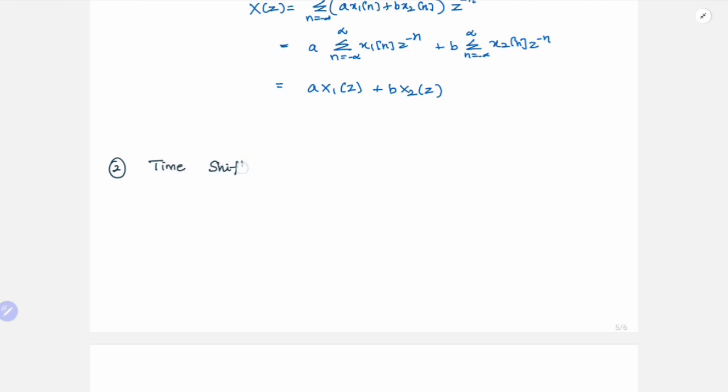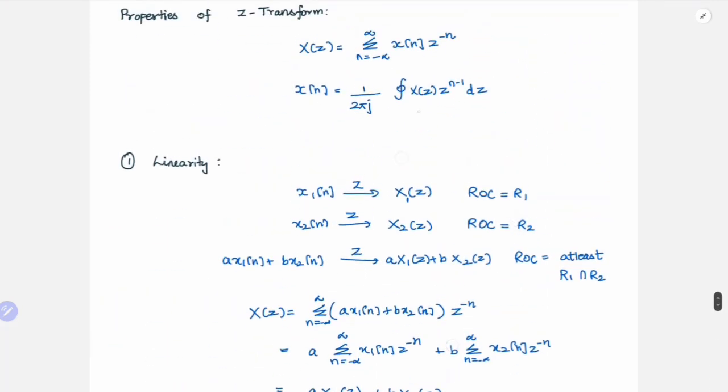So this is also straightforward and similar to what we discussed in the Fourier transform. So if you have your x of n having a z transform x of z with ROC equal to R, then your x of n minus n naught will have a z transform. So if you see from this equation, where x of n minus n naught will come as z power n minus n naught.